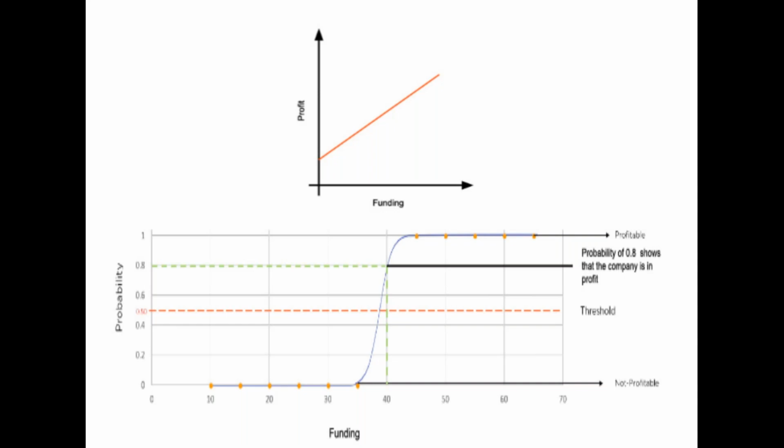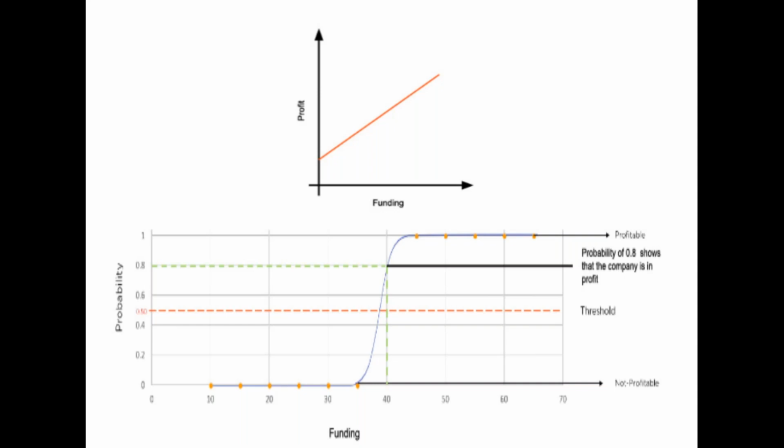This is not binary classification. If you want to predict how much profit will be made, you use linear regression. Else, if you have to predict only two cases, profitable or non-profitable, you use logistic regression.